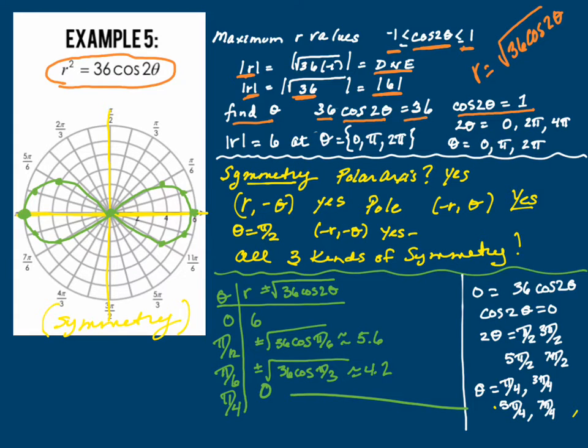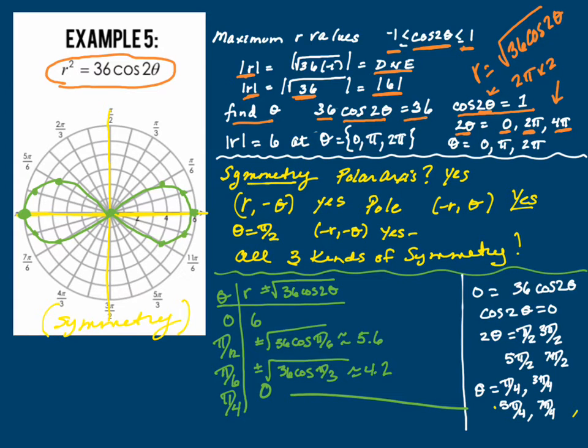So we know that 2 theta, what cosine angle gives us 1? 0 does. But we have to go to 4 pi, because it's a cosine of 2 theta, so we have to multiply our 2 pi times 2 to get how far out we need to go. So it's 1 at 0, it's 1 at 2 pi, and it's 1 at 4 pi.